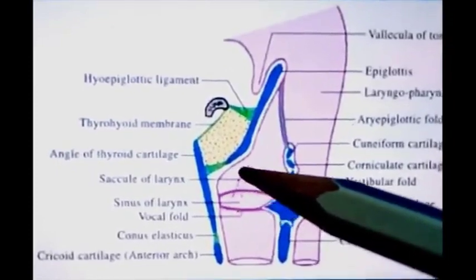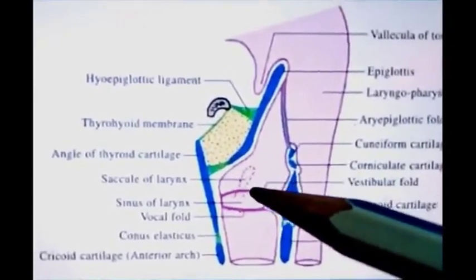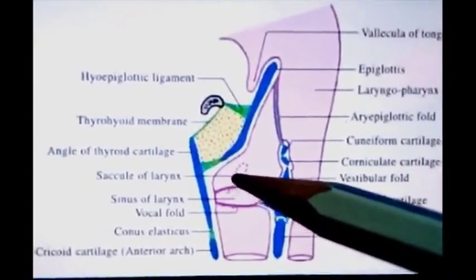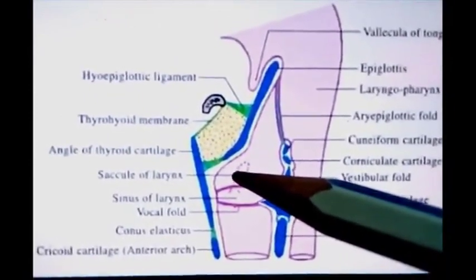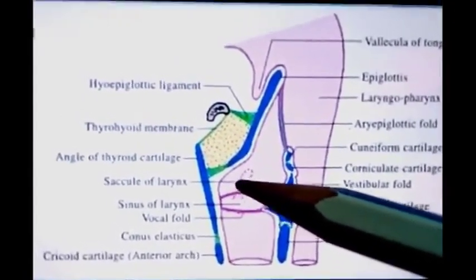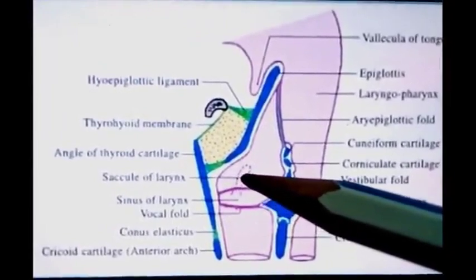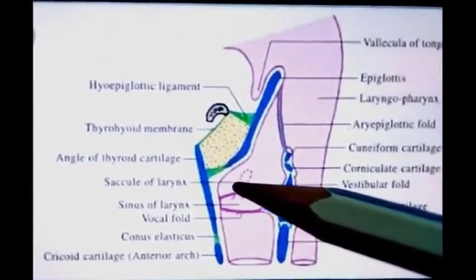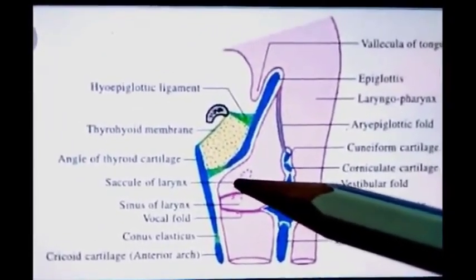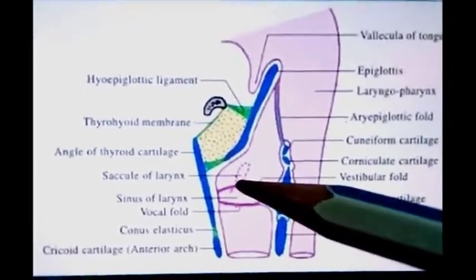This extension is known as the saccule of larynx. The saccule contains mucous glands which lubricate the vocal folds. So this saccule is also known as the oil can of the larynx.